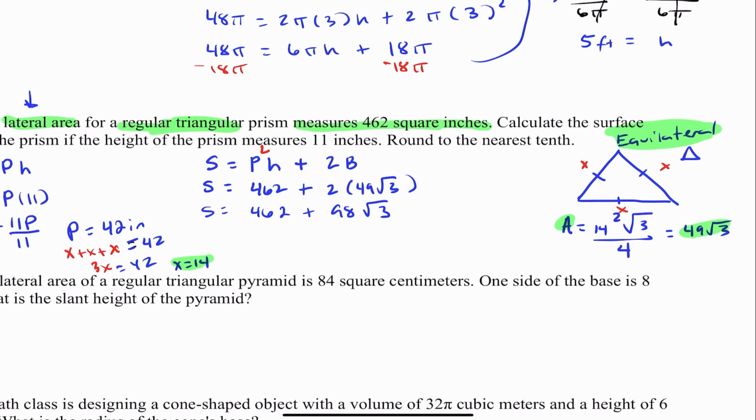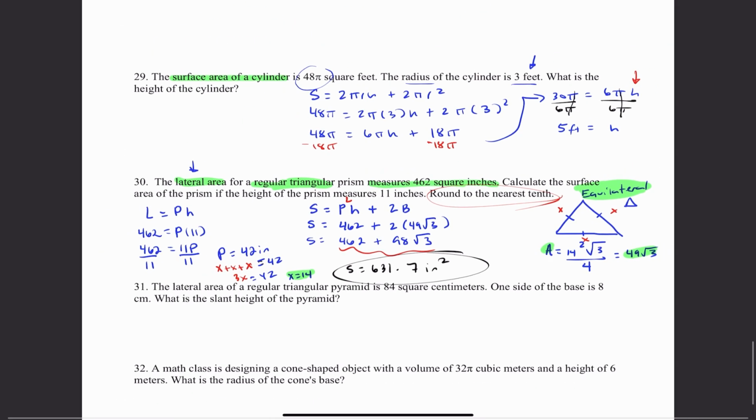And now what I'm going to do is put all this into my calculator. So we're going to round to the nearest tenth here. So it's S equals 631.7 square inches. And that is your answer. Lots of thinking for this one.